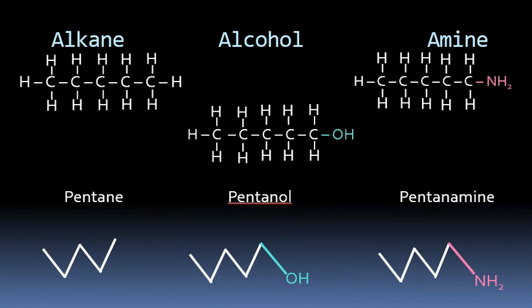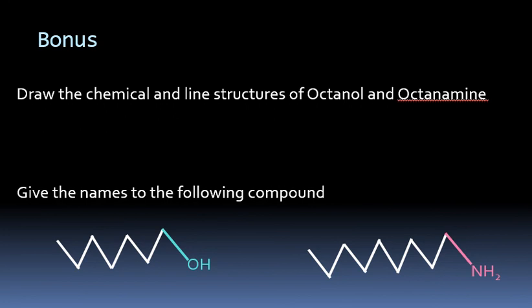For the bonus of this week, here's what I have for you to do. For this part of naming, draw the chemical and line structures for octanol and octanamine. Octanol being the alcohol terminally substituted version of octane, and octanamine being the amine terminally substituted version of octane.